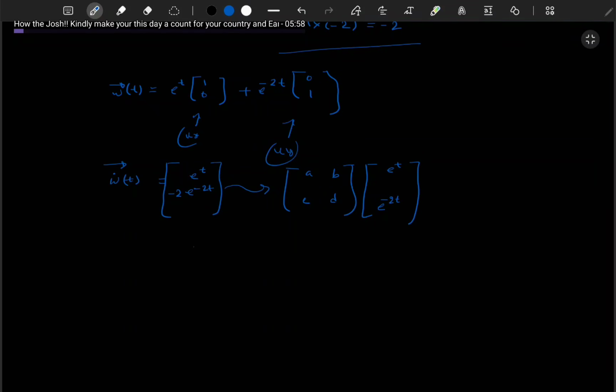Now here we can do like this: e to the power t equals a e to the power t plus b e to the power minus 2t.